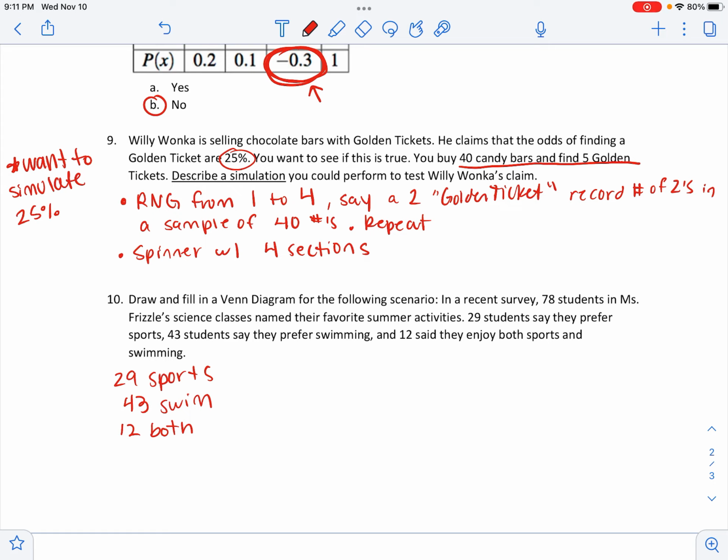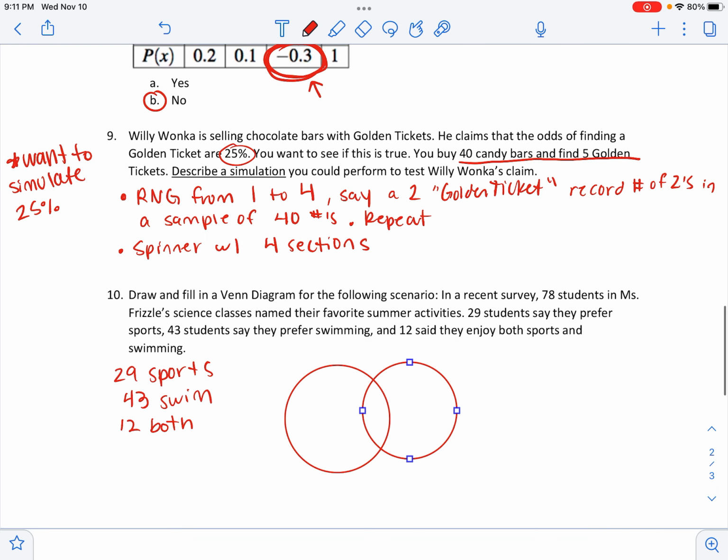So as I make my Venn diagram here, it's important to note that we have students who are in both categories. So the students that are in both, right now they're being counted twice because they answered that they like sports and they answered they like swimming.